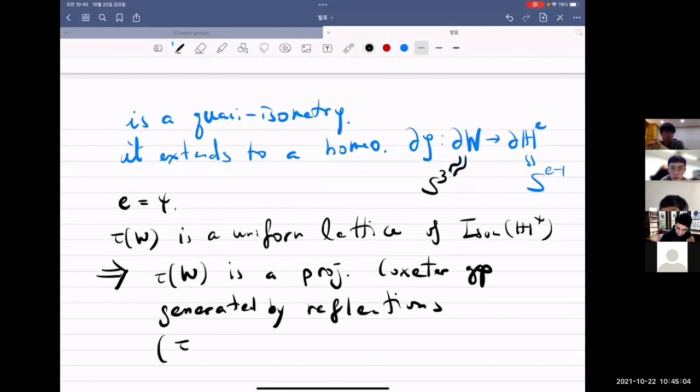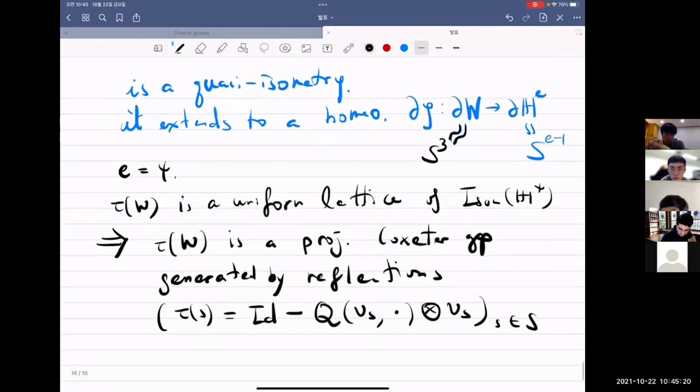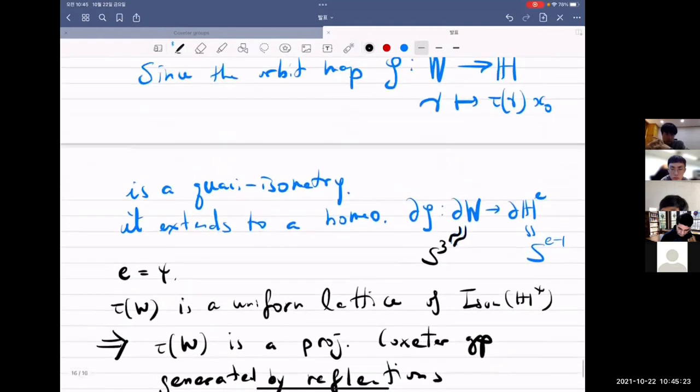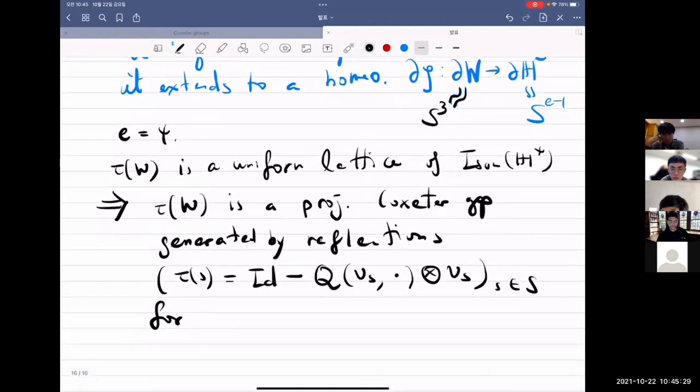So τS will be the identity minus some quadratic form, let's say Q(PS) dot PS. If you remember this Coxeter group, we have 6 generators, so it should be for some 6 vectors VS of R^{4,1}.